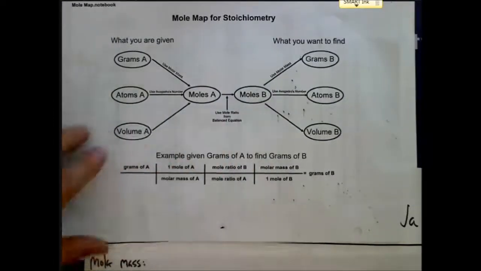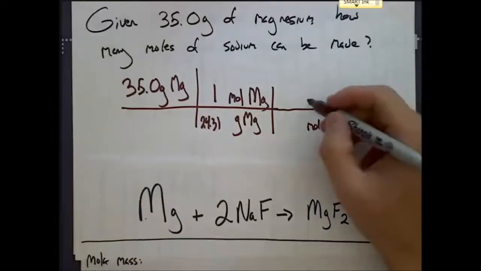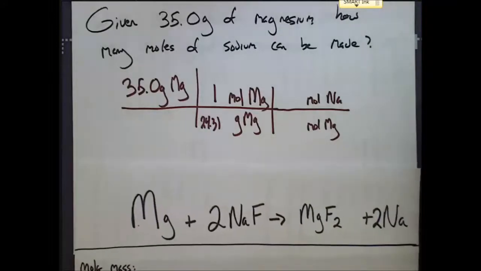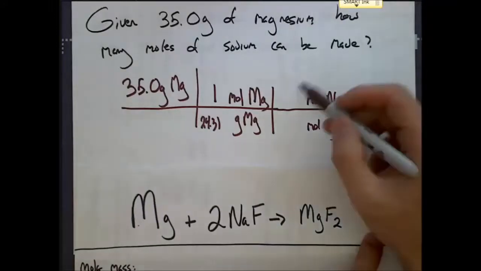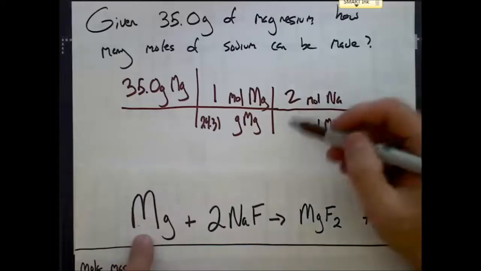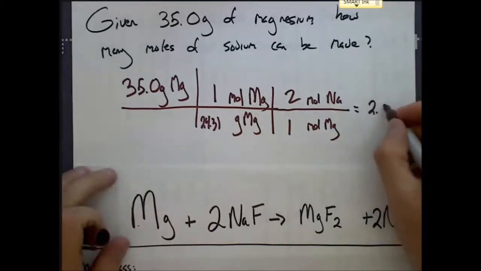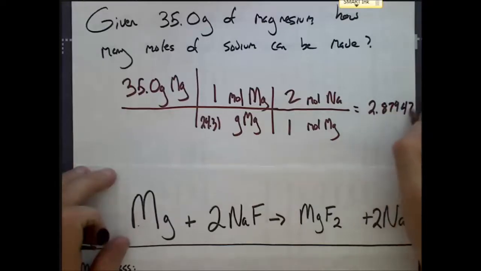And it says to use the mole ratio. So we want moles of sodium. To find the mole ratio, we just look at the balanced equation: 2 moles of sodium, 1 mole of magnesium. And now we just need to calculate it. So let's plug all this in. 35.0 times 2 divided by 24.31 divided by 1 gives us 2.87947.